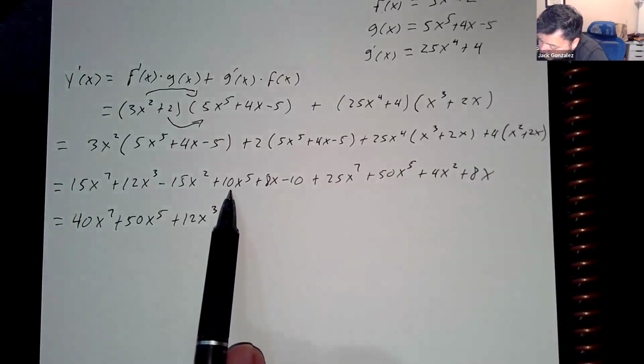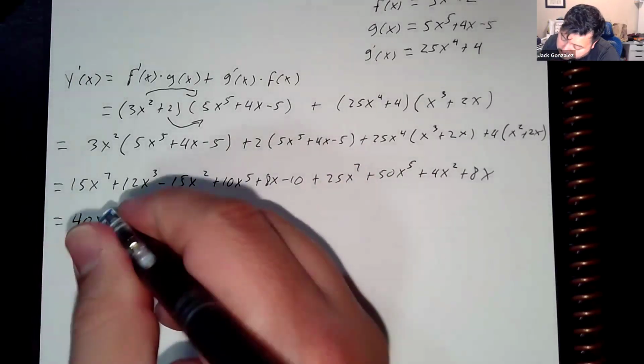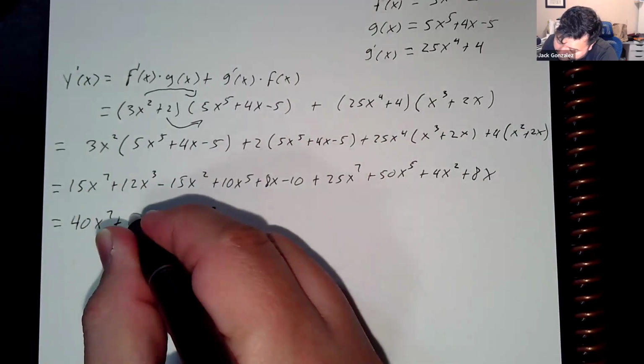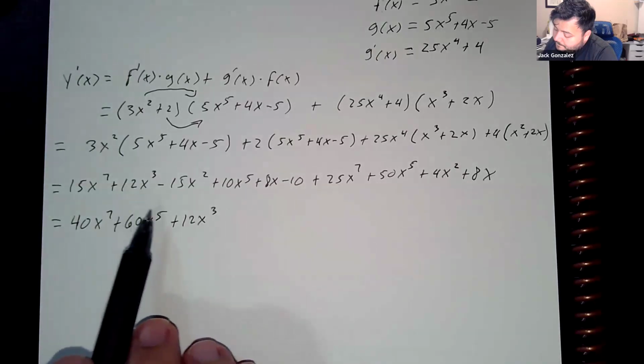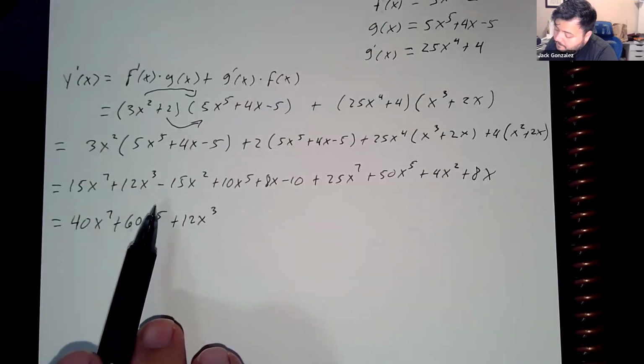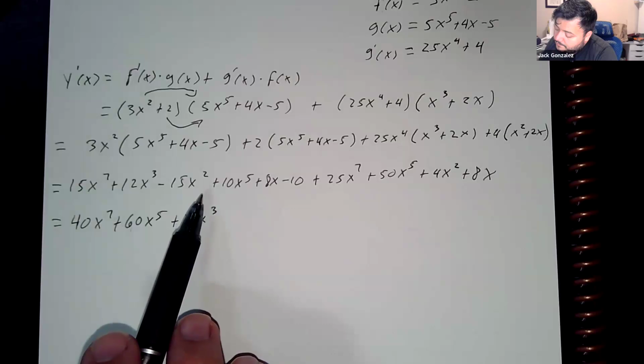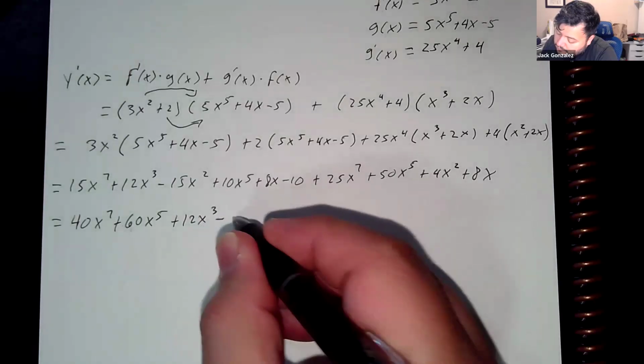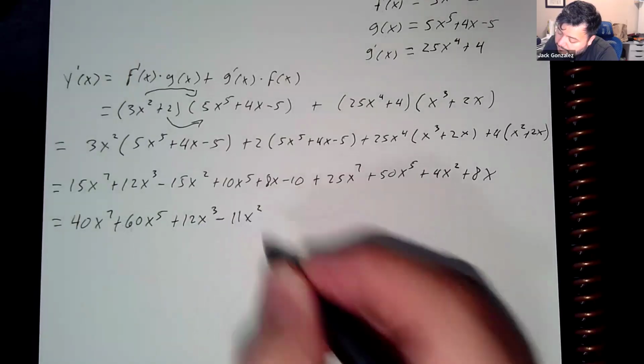Oh, actually, there's another fifth. Would be 60. Squares. Negative 15 plus 4 is negative 11.